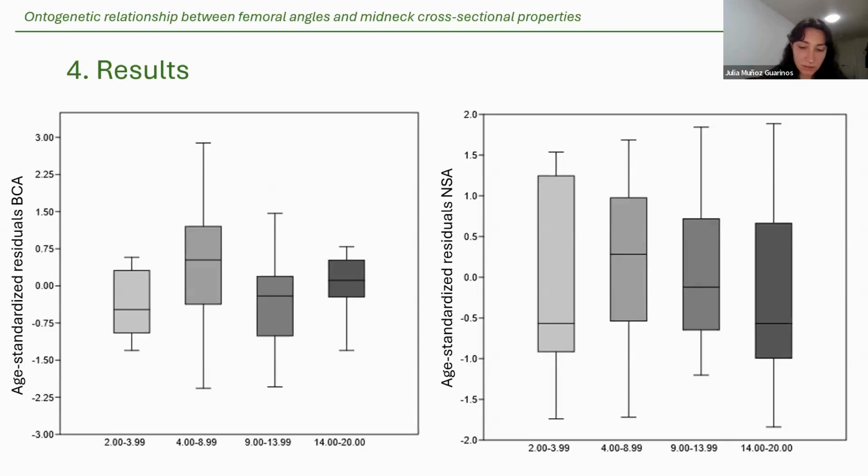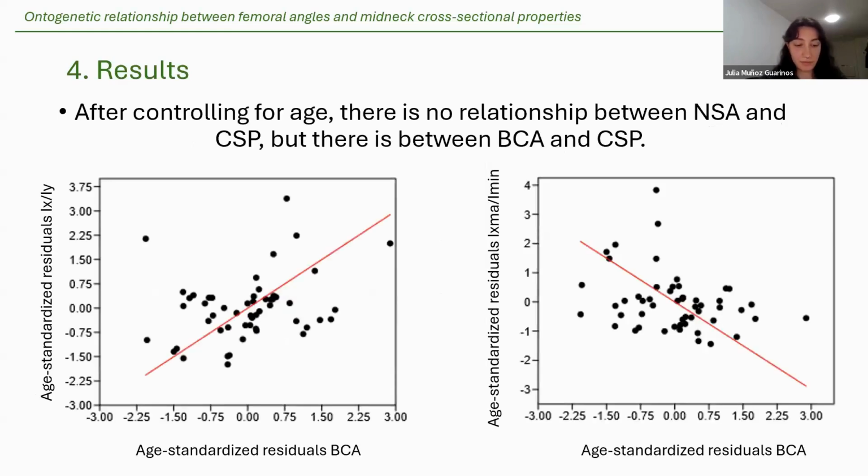Conversely, the neck shaft angle exhibits a more dynamic pattern of change than the bicondylar, and it sharply decreases from birth and throughout infancy, remains stable during juvenility, increases significantly in early adolescence, and decreases in late adolescence. Then, after controlling for age by examining the age standardized residuals, no significant association is found between the neck shaft angle and the cross-sectional properties.